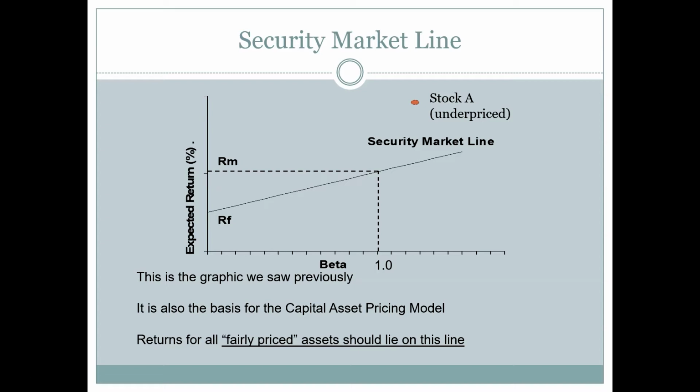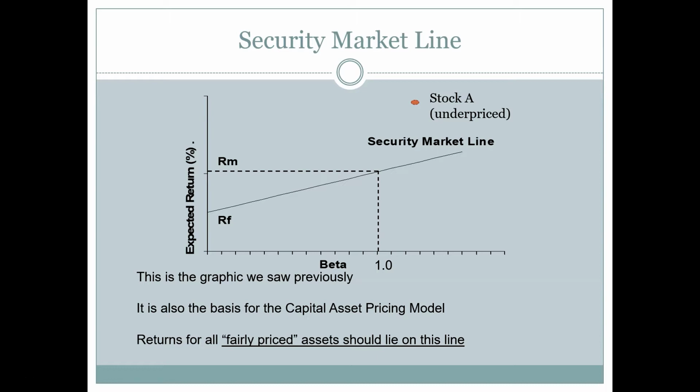In other words, if I observe some random stock, like this stock A, that has a beta of, say, 1.3, but an expected return that's significantly higher than the security market line, what do we think would happen here, right? Why does every stock have to have the same relationship? Well, if it doesn't, what will happen?